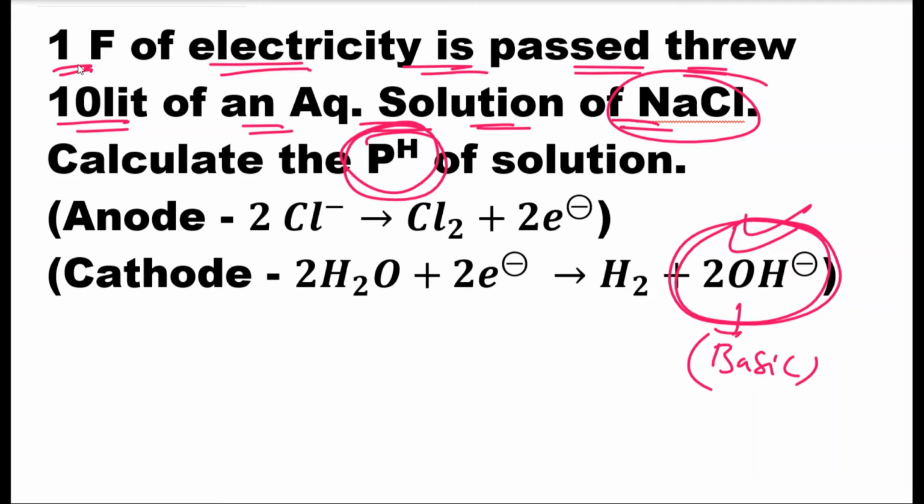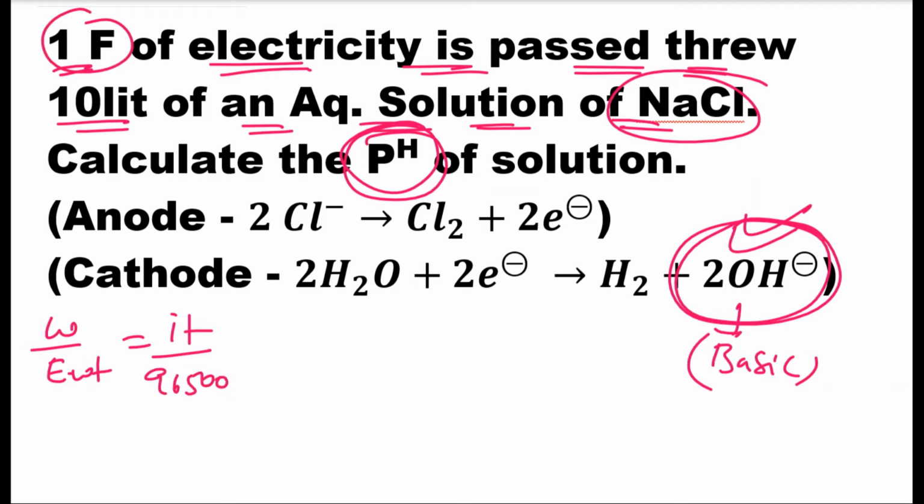I hope it is clear. And how to do this problem? Very simple. First of all, you already know the number of moles formula. Here, once again I will write it: W by equivalent weight is equal to I T by 96,500, because current is already given as 1 Faraday.